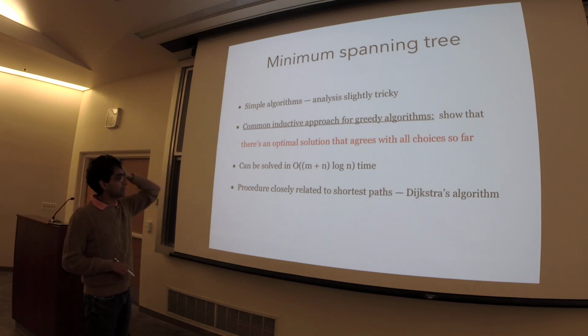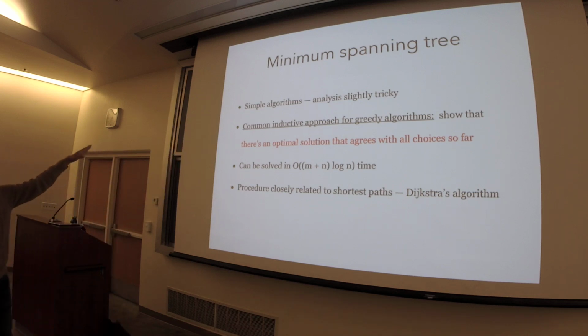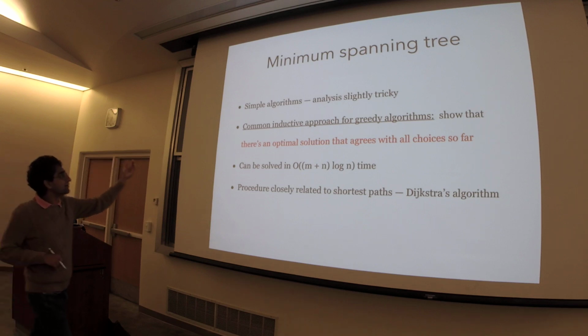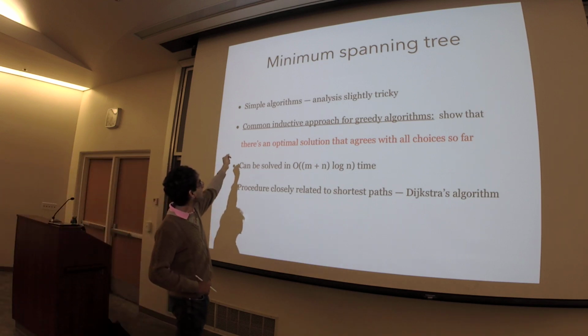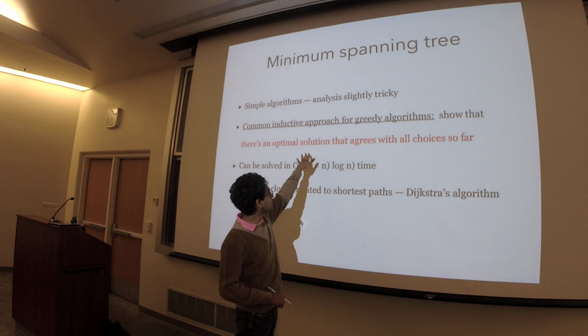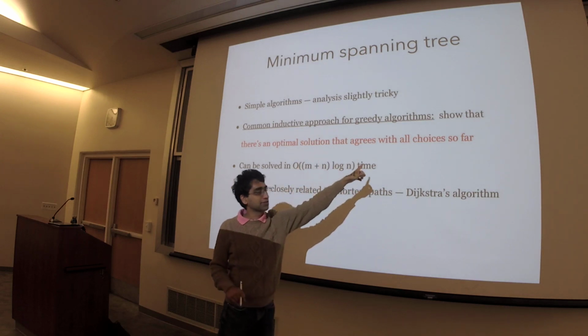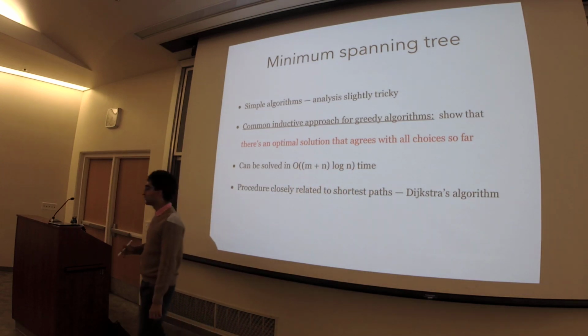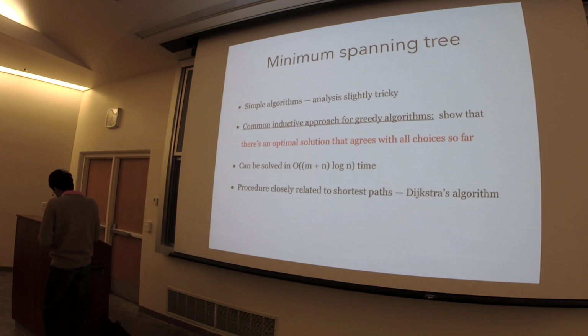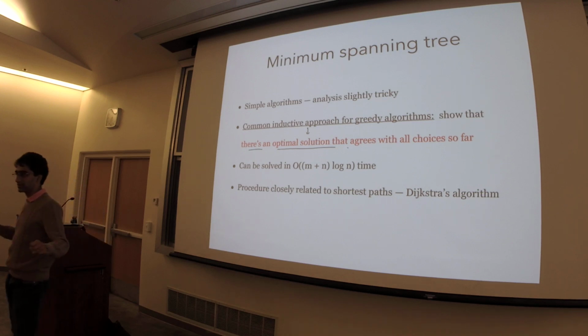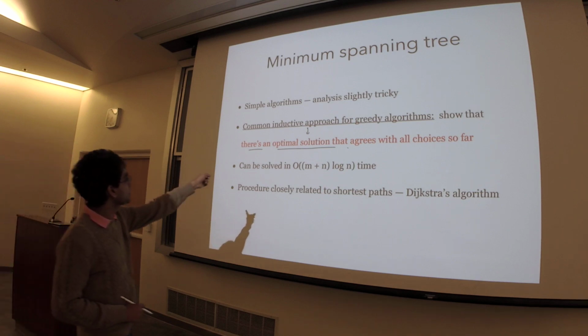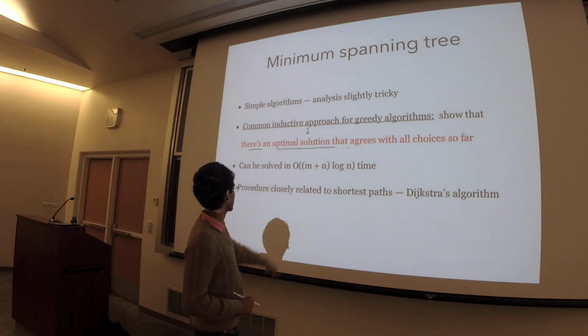It's still not terribly complicated, but it's this nice idea that you show by induction that there exists an optimal solution to the full problem that agrees with the choices so far. This is a somewhat common inductive approach to greedy algorithms. And yeah, this can be solved in time m plus n times log n.